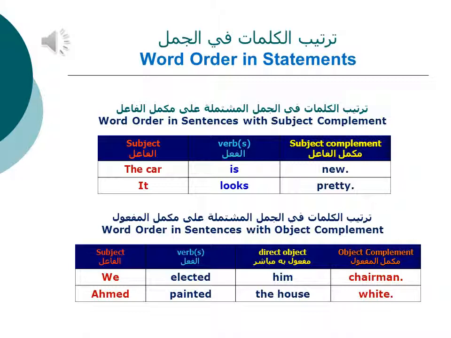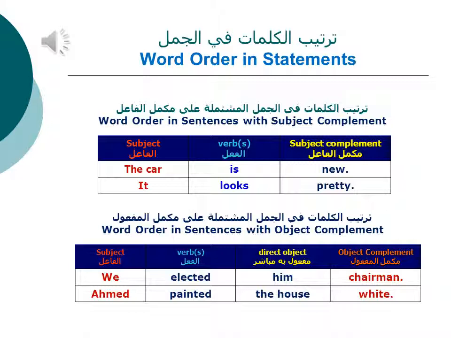The car is new. So we start with the subject, the verb, and then the subject complement. The second example, it looks pretty. Again, we start with the subject, the verb, and the subject complement, which is an adjective describing the subject.